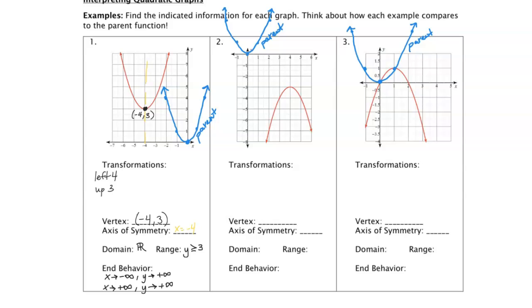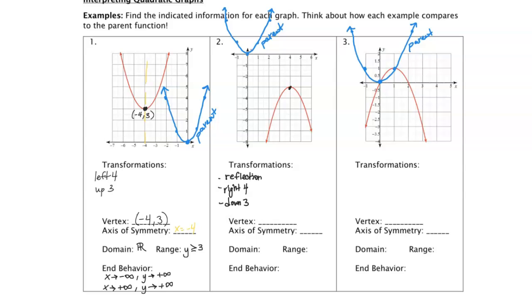So let's list those transformations. One thing is there's a reflection here, it's flipped upside down. Another thing is, if we follow the vertex, it has been shifted to the right by 4 and down by 3. So right 4 and down 3.